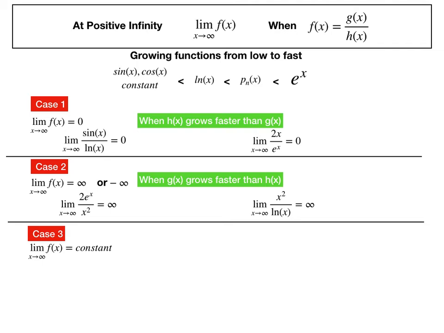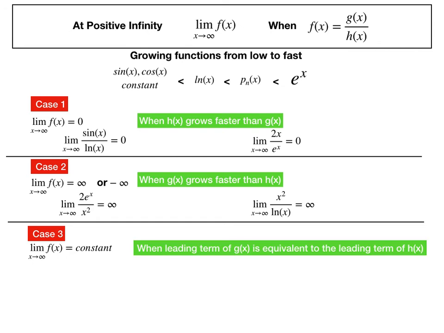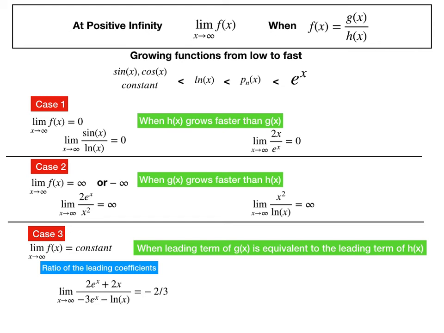In the third case, the limit of this function f of x is a constant at infinity if the leading terms of g of x and h of x are equivalent, or probably the same. And the limit will be the ratio of the leading coefficients. An example of this case is the limit of 2 e to the x plus 2x divided by negative 3 e to the x minus natural log x.